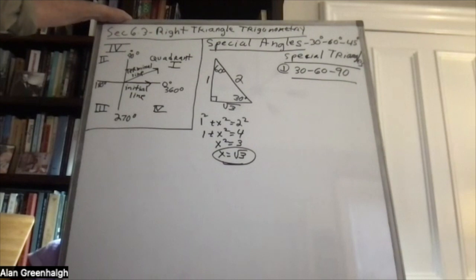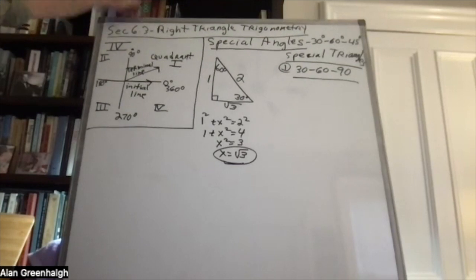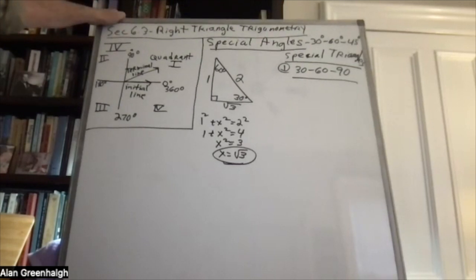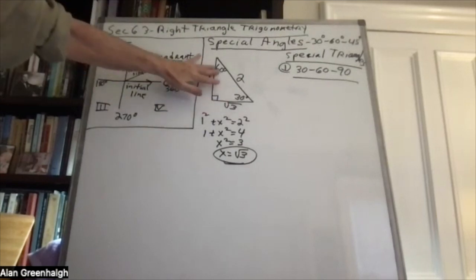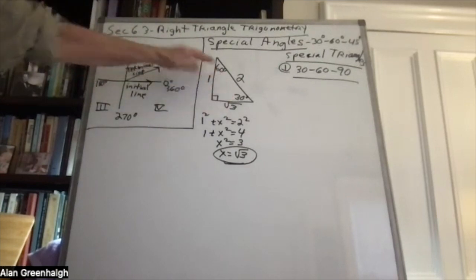If you want to use an angle of 37 degrees, you can, but you're not going to get an exact value because it's going to come out to some weird decimal. But if you want to get exact values, you have to use those three angles, 30, 60, and 45 degrees. So this is how we derive the 30 and the 60.